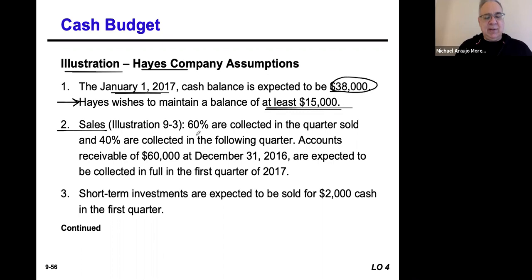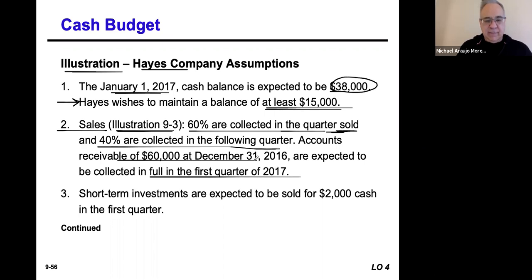Part two is the sales data. Again, we're using our sales budget, illustration 9.3. We collect 60% of the money in the quarter that these things are sold, and the additional 40% is collected in the following quarter. Accounts receivable at the end of December of the previous year was 60,000, and it's expected to be collected in full in that first quarter.